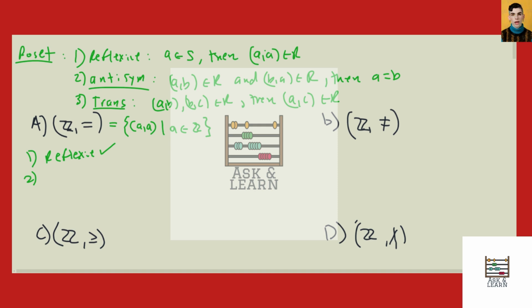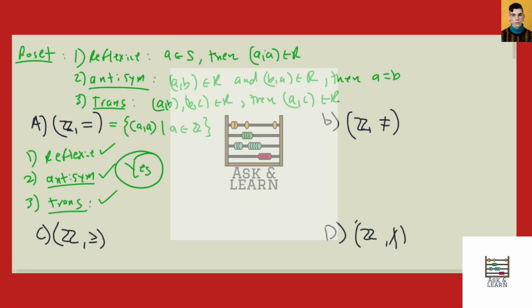So this is only a list of like (A, A), (B, B), (C, C), or like (0, 0), (1, 1), (2, 2), (3, 3), (4, 4), (-1, -1), (-2, -2), (-3, -3), and so on. So anti-symmetric would also hold, and it's going to be transitive because the only numbers that are equal to themselves are themselves. So this is a poset.